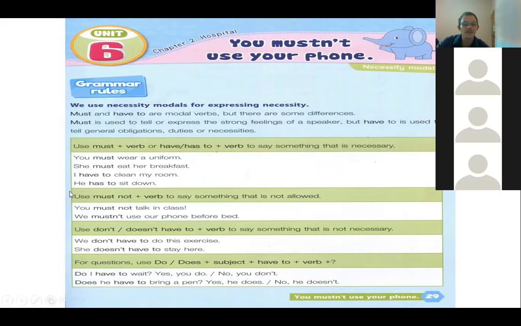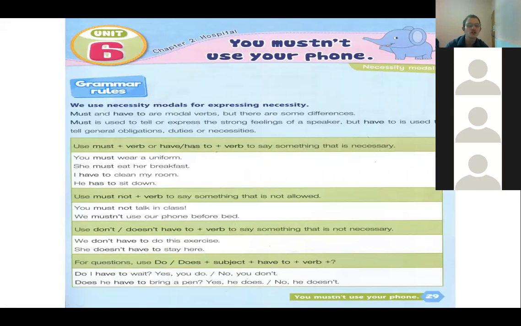And the other one, we have do not or does not, is also a type of modal verb. We don't have to do this exercise. She doesn't have to stay here. Do you see something interesting here?